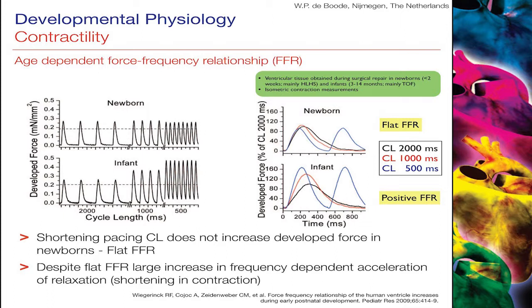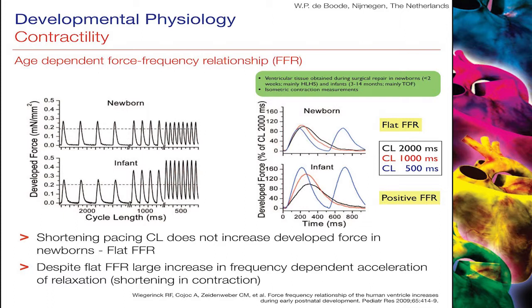If you look at a newborn, you can see that there's an increase in contraction frequency, but no increase in contractile force. And when you look at the timing, you can see in the newborn that there is a shortening of the contraction, but no increase in contraction force, as shown here. Well, while in the infant, you get a shortening, but also an increase.